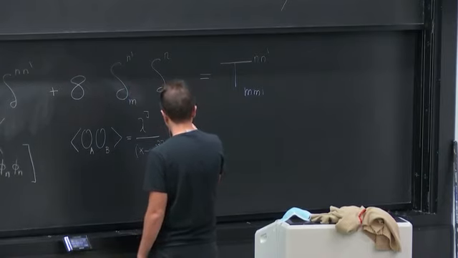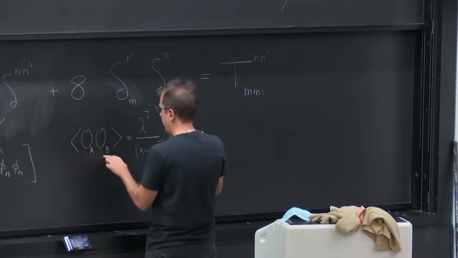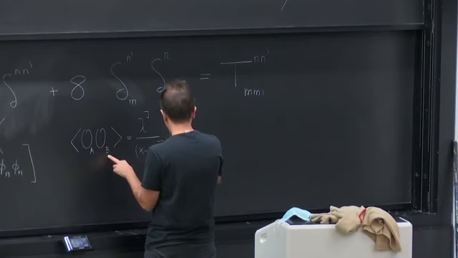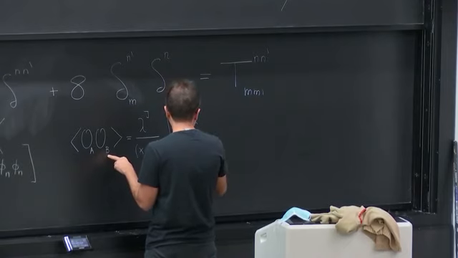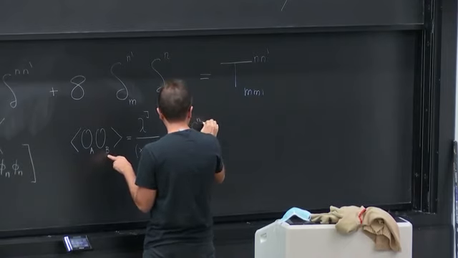And then there is just delta AB, which is delta, let me now write explicitly, m1 n1 dot delta mj nj, the first term.